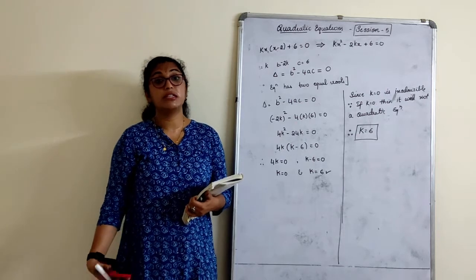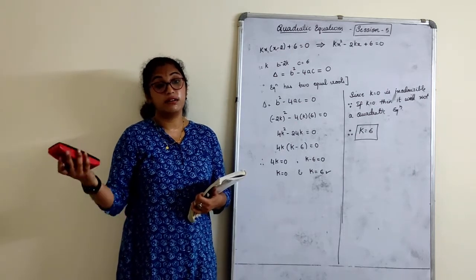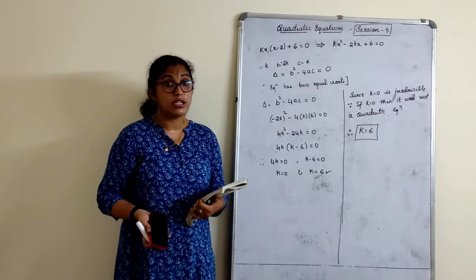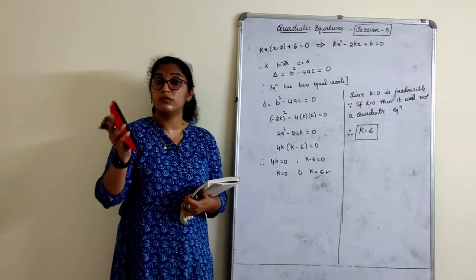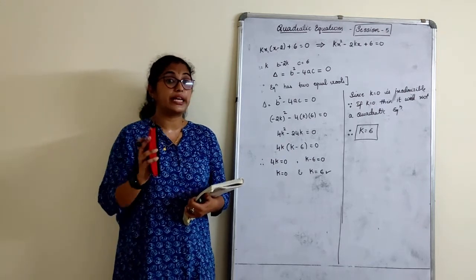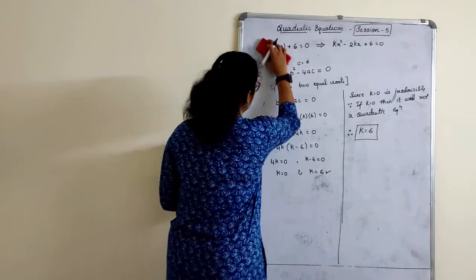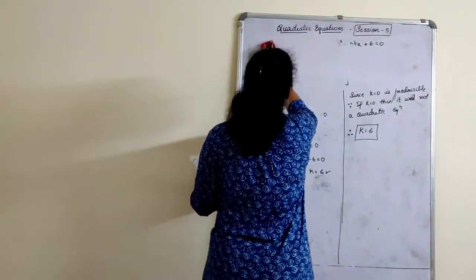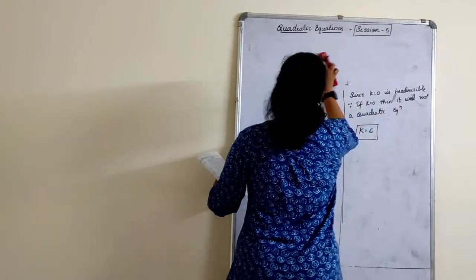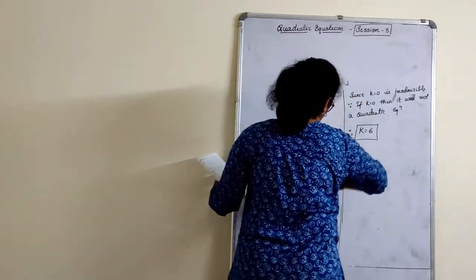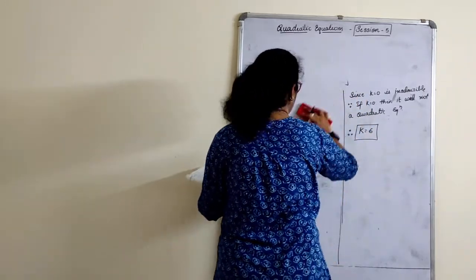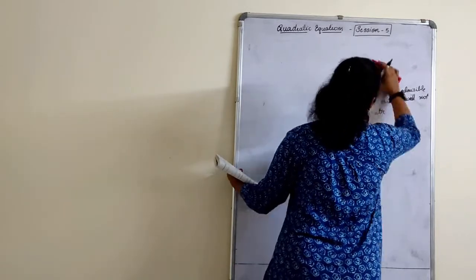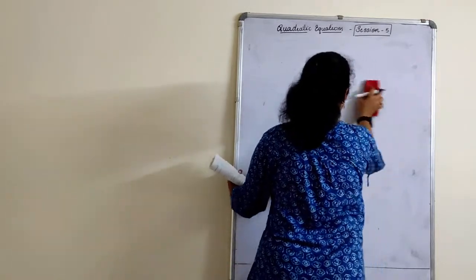From that we need to see what the value of delta is, equal to 0, greater than 0 or less than 0. Only based on that we can tell whether the root exists or not. So let's quickly frame the quadratic equation from the given information. It's a very small exercise.